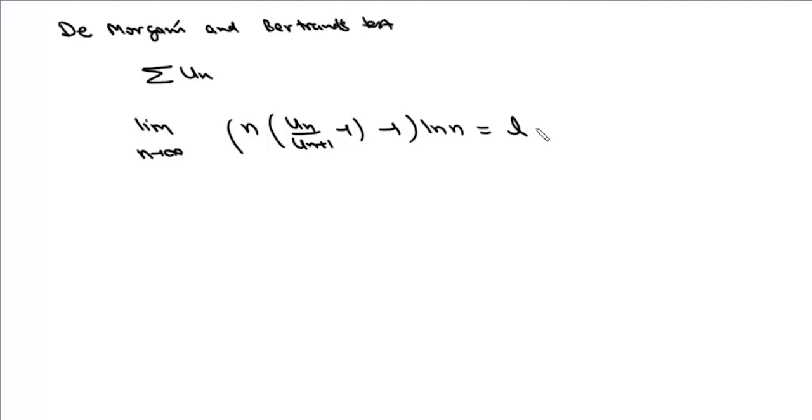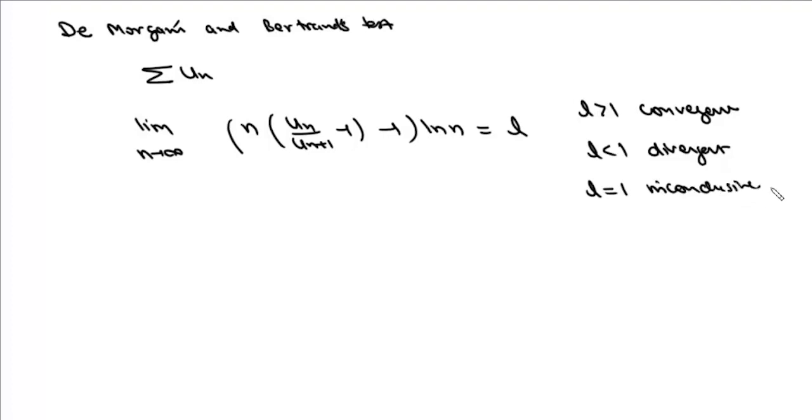And suppose this is equal to L. Now if L is greater than 1, then it is convergent. If L is less than 1, then it is divergent. And if L is equal to 1, then the result is inconclusive. So if Raabe's test is inconclusive, we'll use De Morgan's and Bertrand's test.